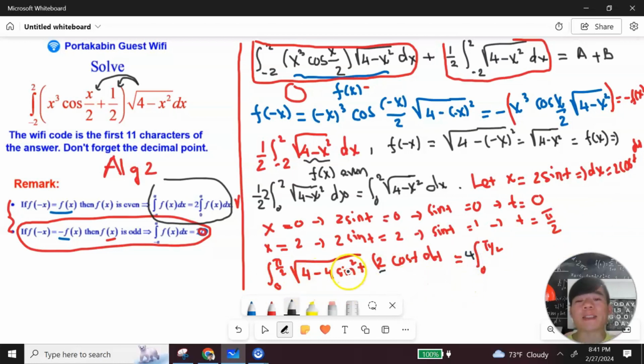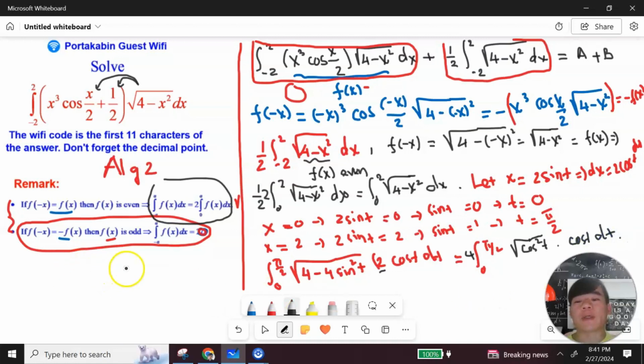Now when I factor 4 out, it should be 1 minus sine square t. 1 minus sine square should be cosine square t. So it should be the root of cosine square t, times cosine t dt.